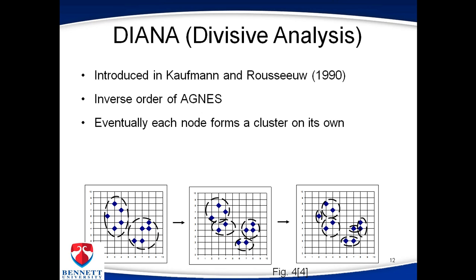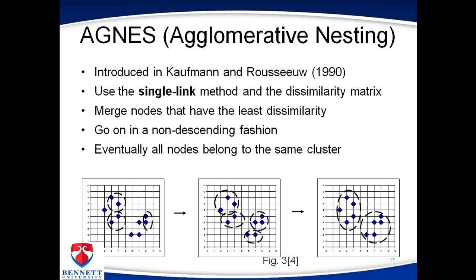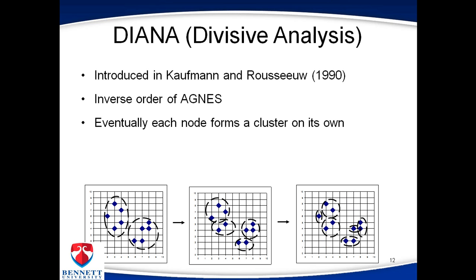The next is Dyna, the divisive analysis. It was introduced by Kaufman in the same year, 1990, but it is the reverse process of Agnes. In Agnes, the input is two large clusters. Here the two large clusters are divided into four, and the four are divided into six different clusters.